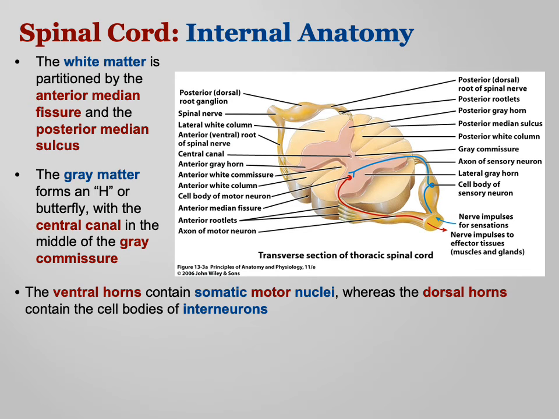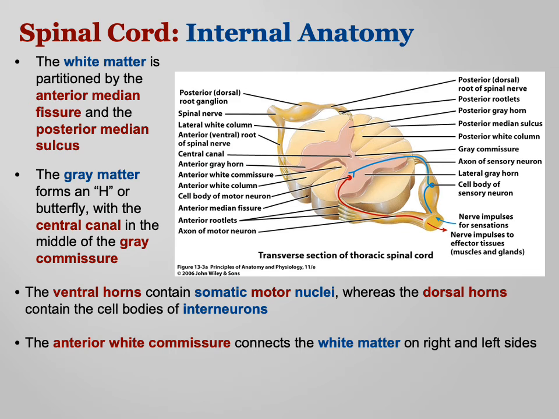Why is it big and wide? Because that's where the cell bodies of the motor neurons are. Cell bodies of the sensory neurons are in the dorsal root ganglion. Therefore, there are hardly any cell bodies in that dorsal horn, only the interneurons. The ventral horn has lots of cell bodies of all those motor nerves, so it's big and fat and wide, okay?